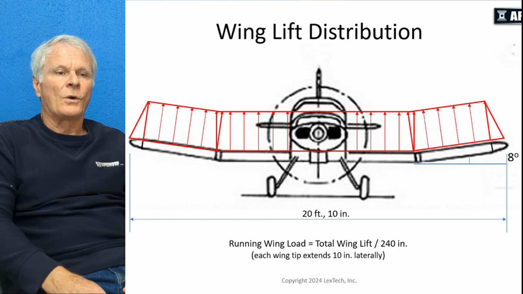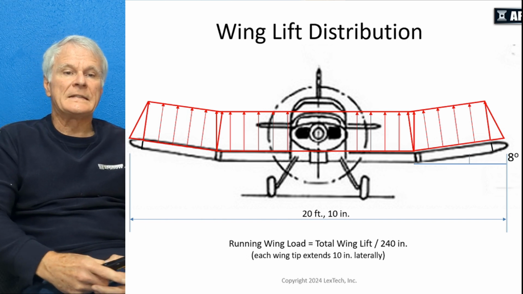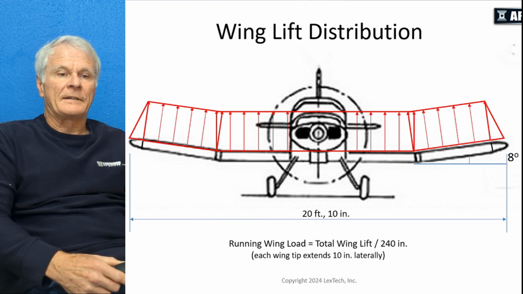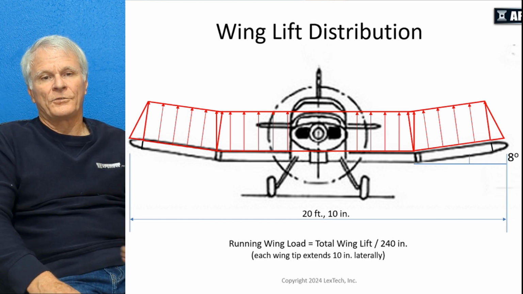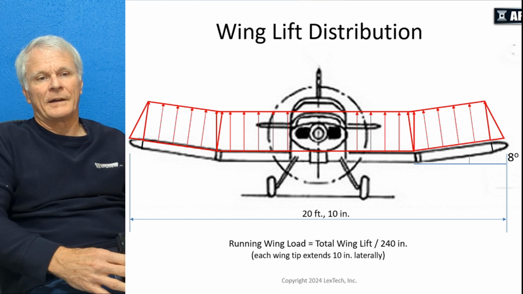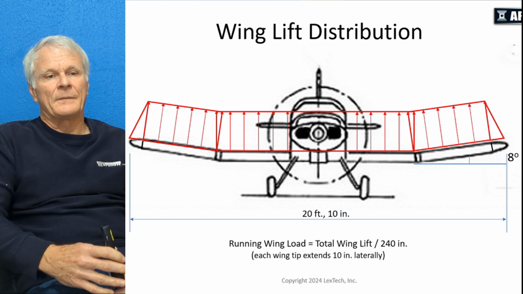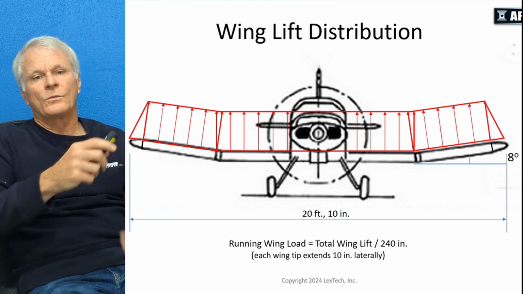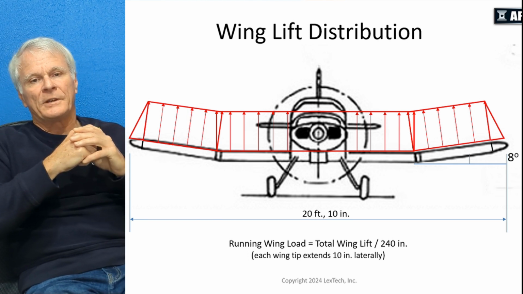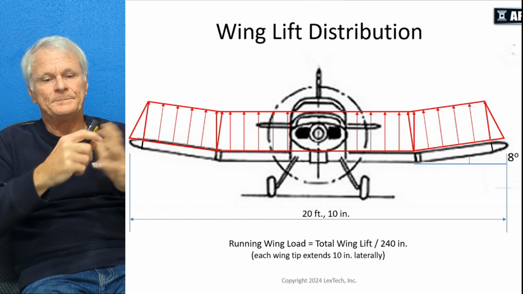And you see the total wingspan is 20 feet and 10 inches. And so to calculate the running wing load, you divide by 240 because those two triangles would take half the area. So I took off that 10 inches for each wingtip, not 8 inches. The outboard wing has an 8-degree dihedral for stability.